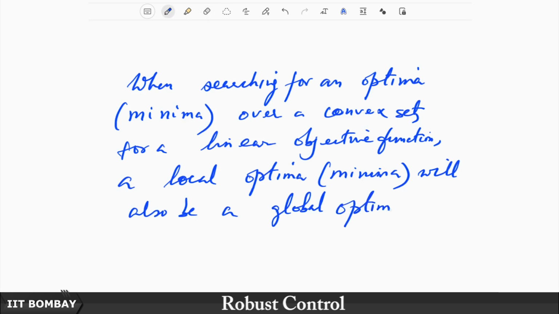So, in other words, if you manage to find out a local minima, your job is done, and that is why we love convex optimization.